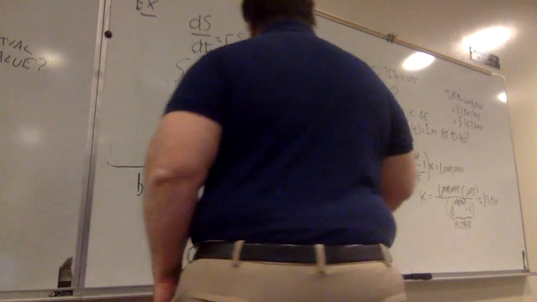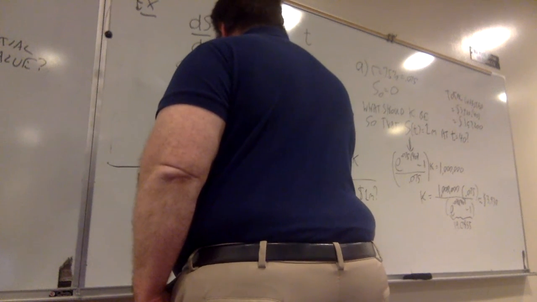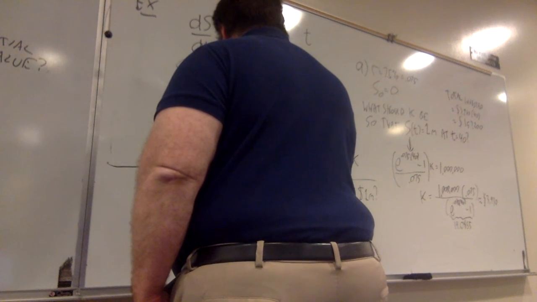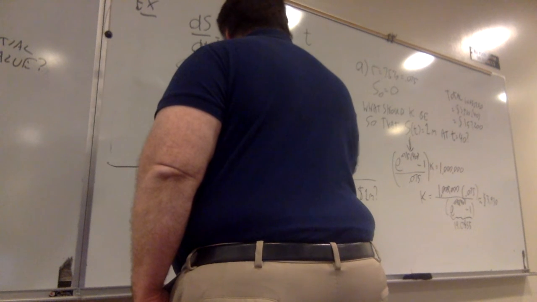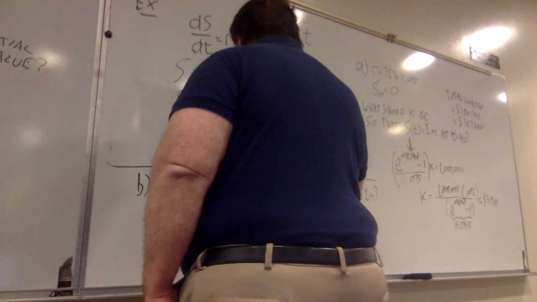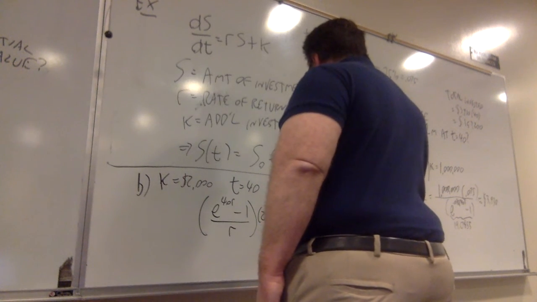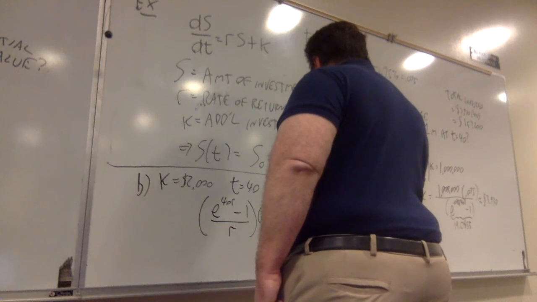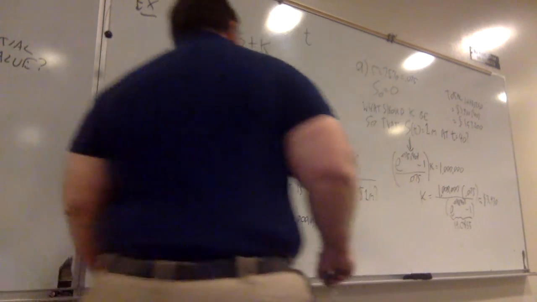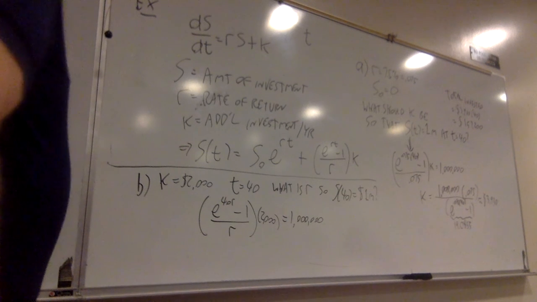So what we have here, again, this term I don't have. So I have e to the 40 times r minus 1 over r times 2,000 is equal to 1 million. So that is the equation I now have to solve for r.